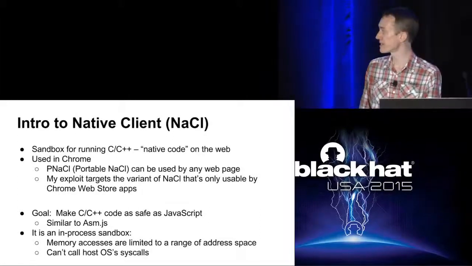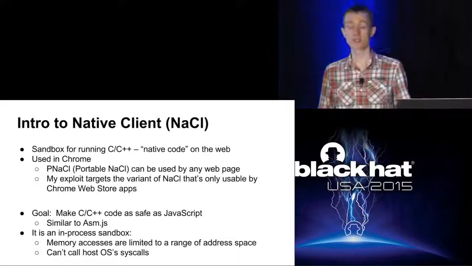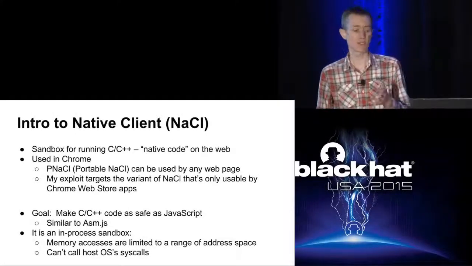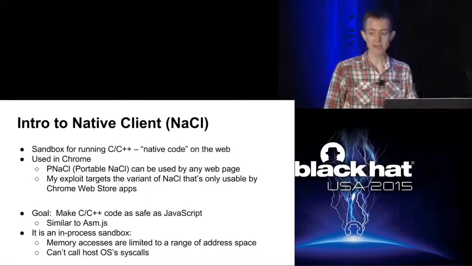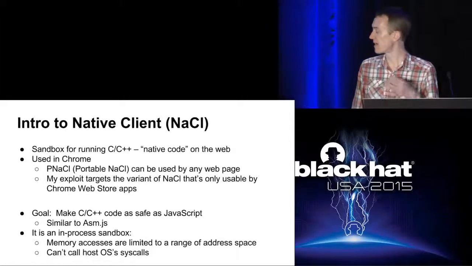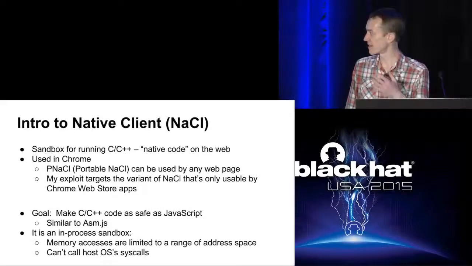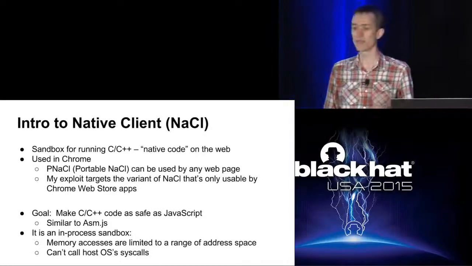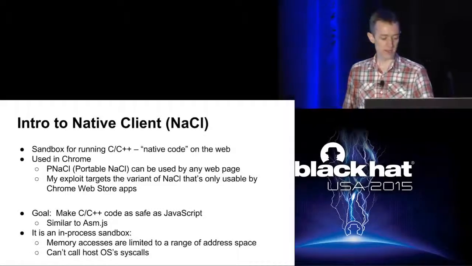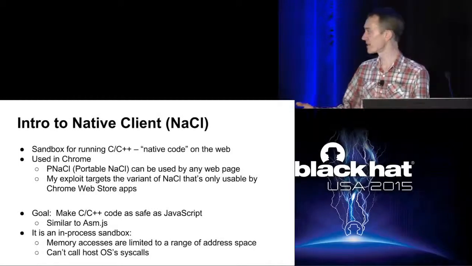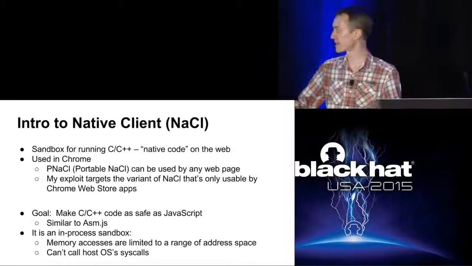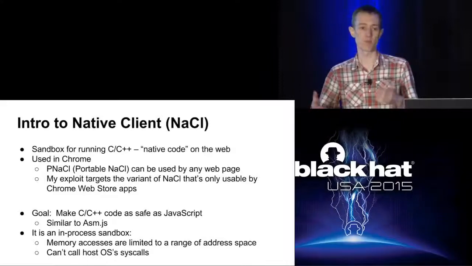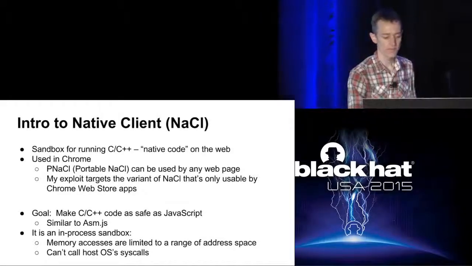So NACL's goal is basically to make C and C++ code as safe as JavaScript. And it's kind of similar in that respect to ASM.js. And like ASM.js, it's an in-process sandbox. So the memory accesses of a program inside that sandbox are limited to a range of the processor's address space.